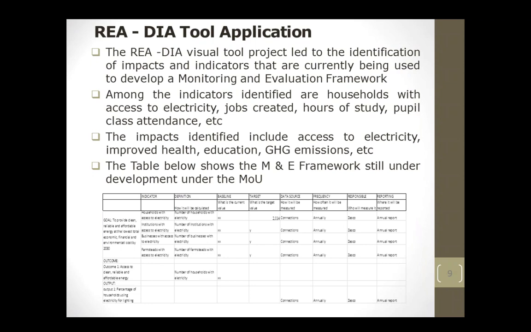The impacts identified include access to electricity, improved health, education, GHG emission. This shows the M&E framework, which is still under development under the MOU signed, but is yet to be finalized soon.